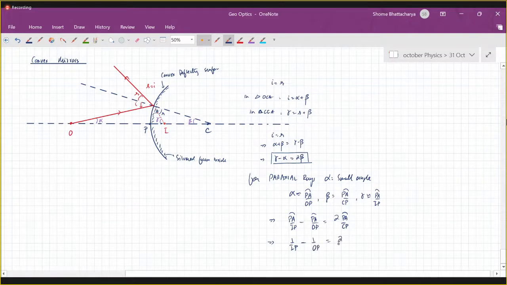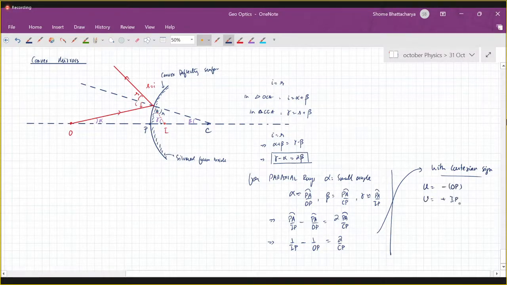But when we incorporate Cartesian sign convention, so it's the same formula.